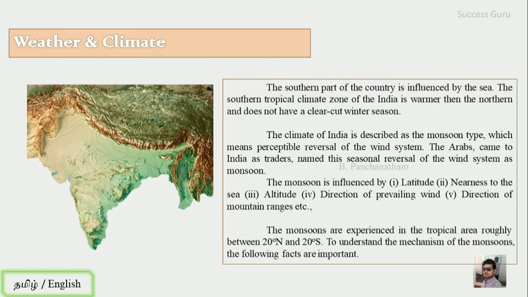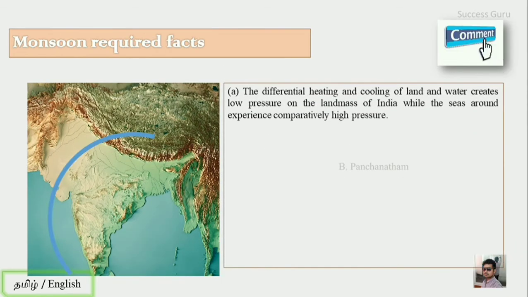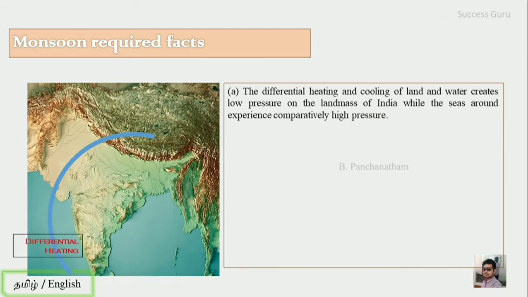To understand the mechanism of monsoon, the following facts are important. Let us understand some basic facts about what makes the monsoon extend beyond 30°. As we mentioned earlier, it is up to 20° north and 20° south, but the monsoon is covering more than 30°, as the Tropic of Cancer passes through half of the country.